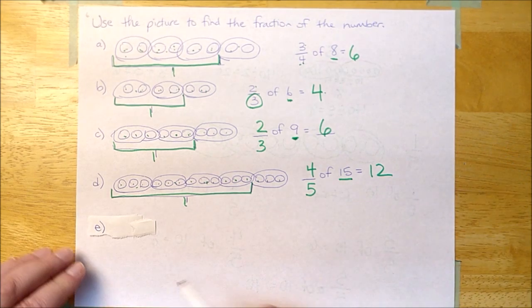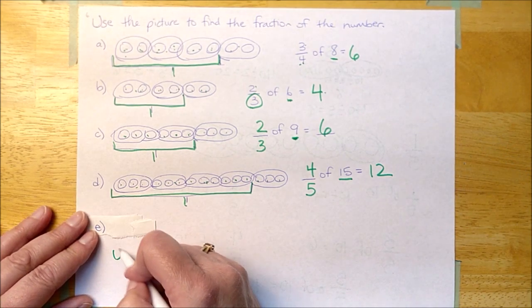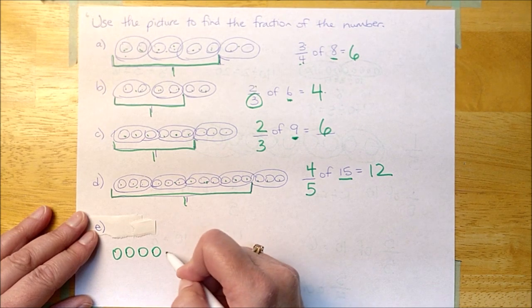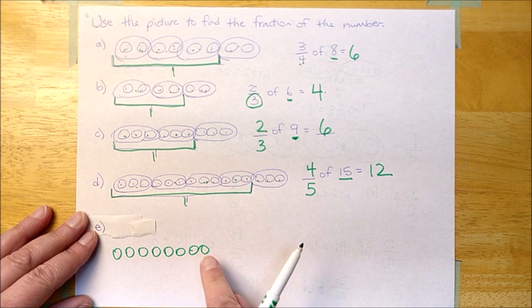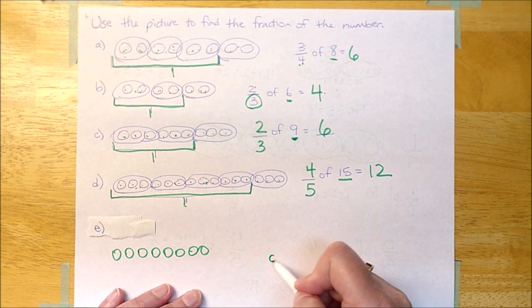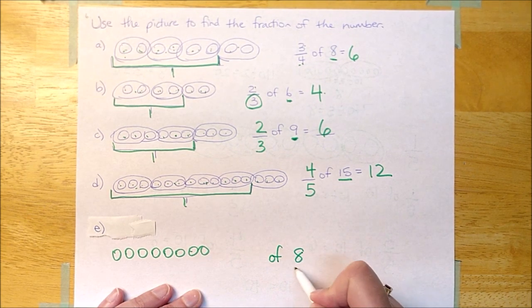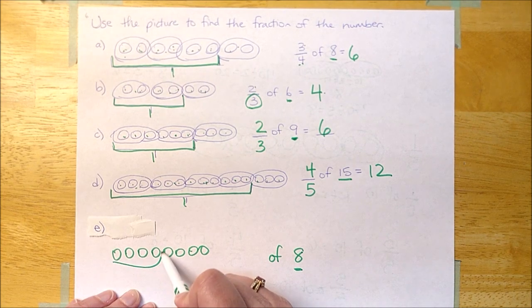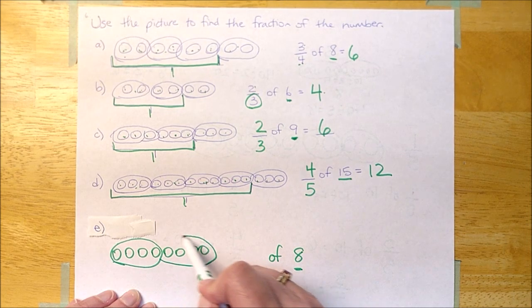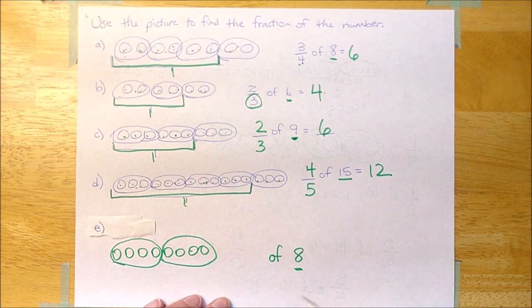I'm going to draw one here for you. So I'm going to say we have 1, 2, 3, 4, 5, 6, 7, 8 apples. So we have 8 apples, and I'm going to draw those 8 apples into 2 groups.